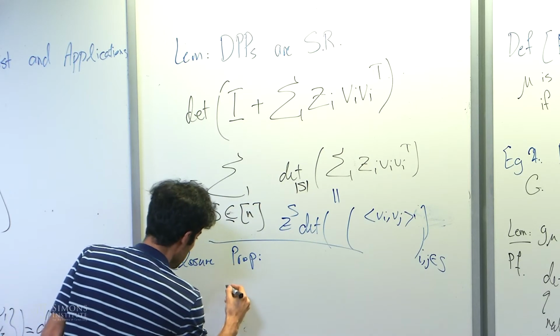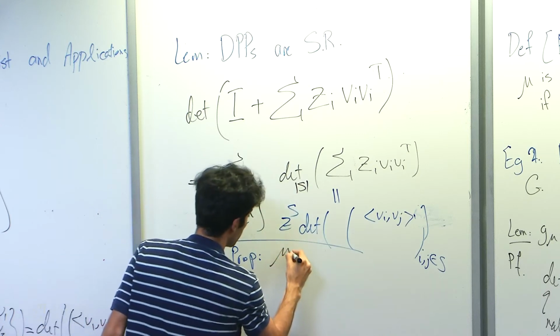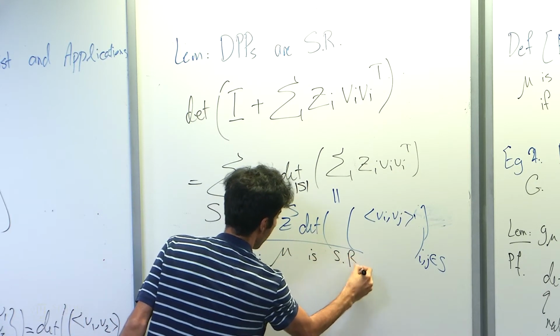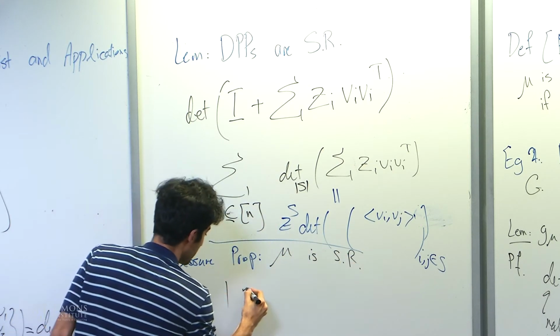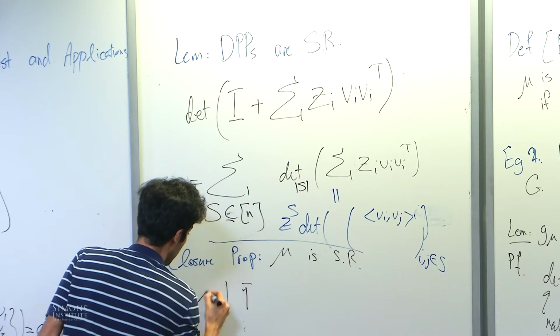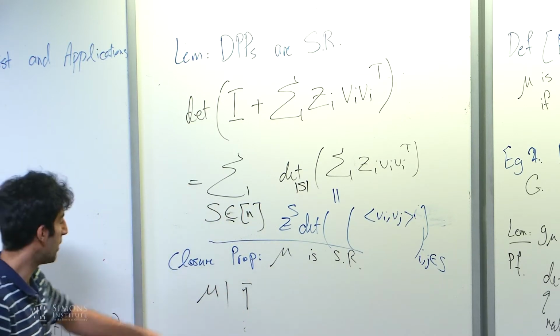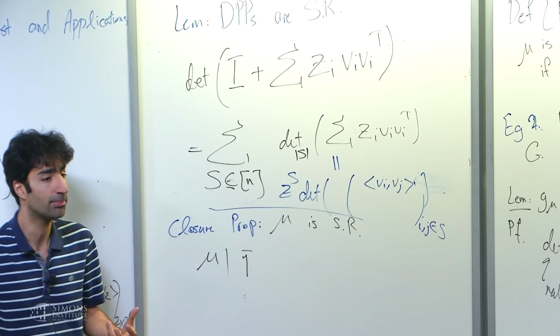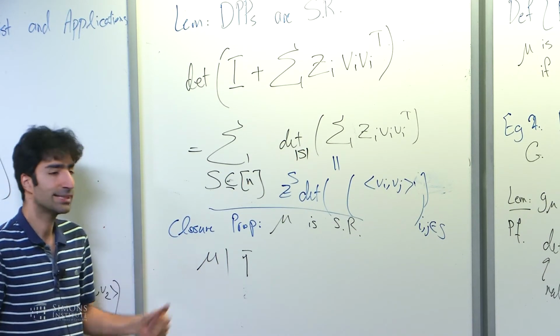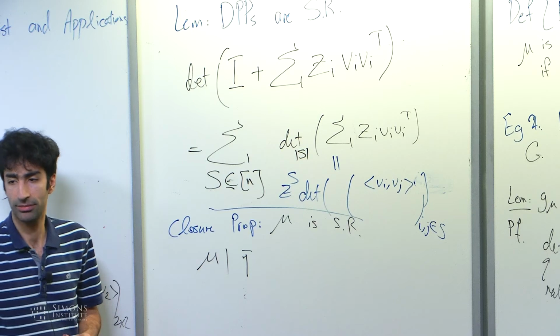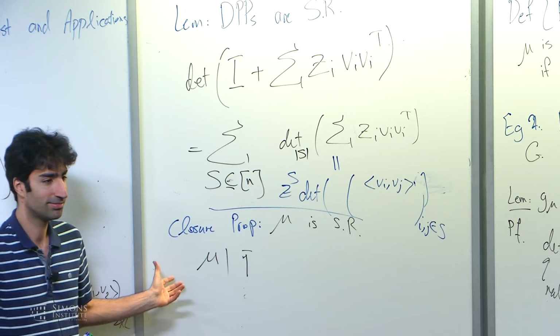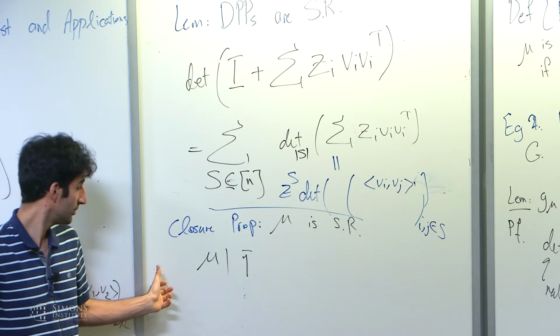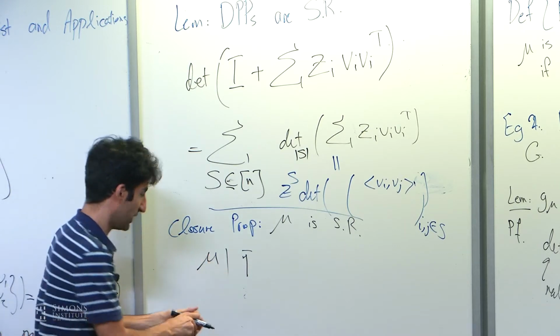Let's start with some simple ones. Let's say mu is strong Rayleigh. I claim that mu conditioned on 1 complement, by which I mean conditioning on element 1 not being in my sample, is a strong Rayleigh distribution. Can you prove this? What does it mean?